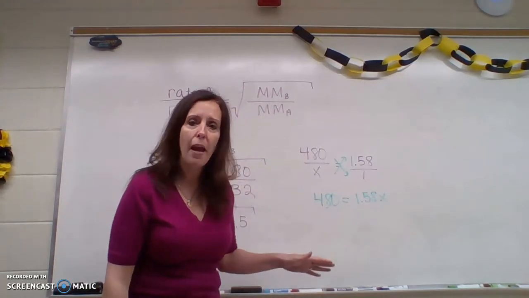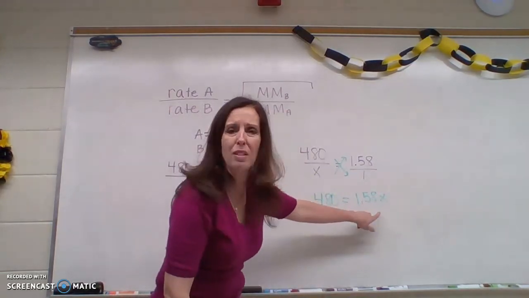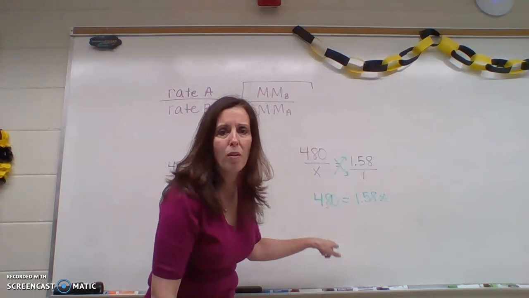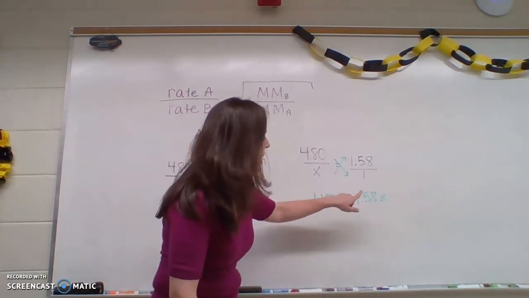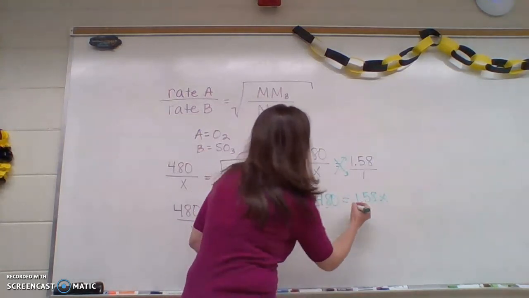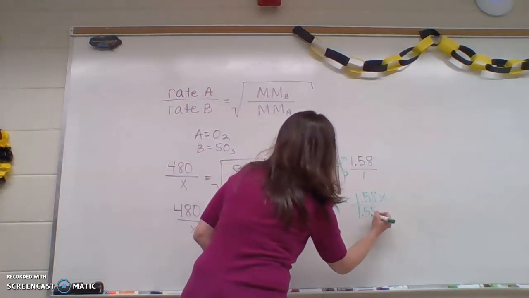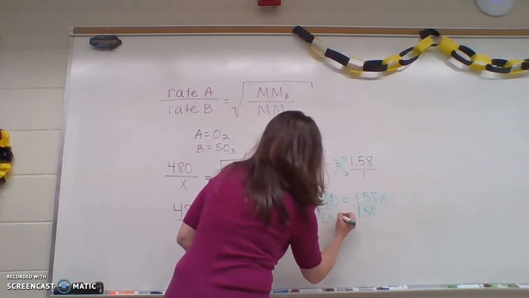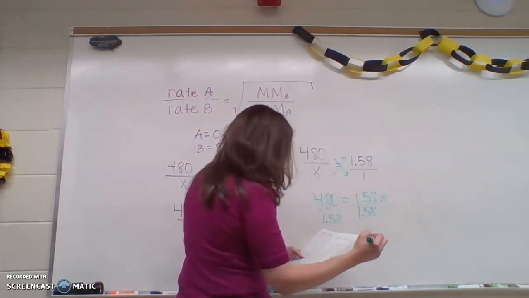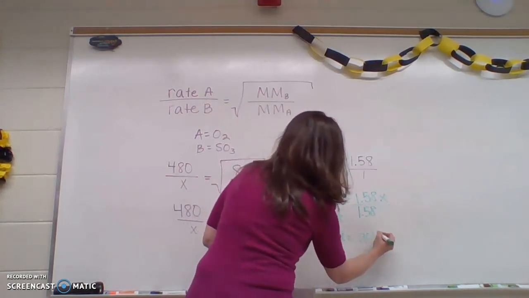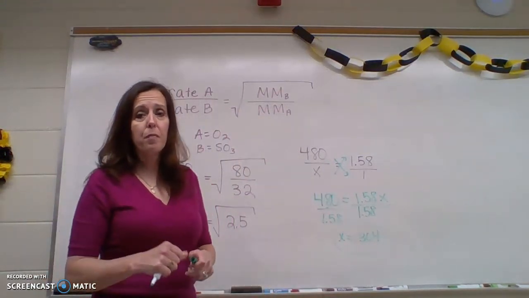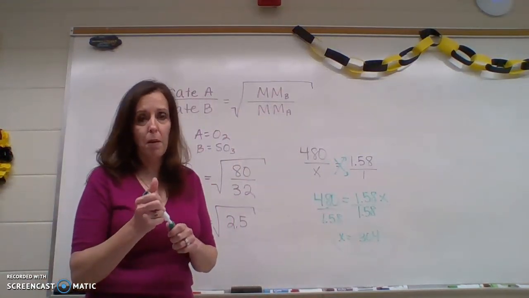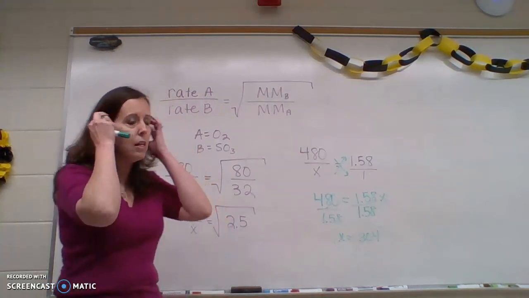And remember from math class, whatever number is by the X goes on the bottom. That's what you divide by, right? So 480 divided by 1.58 equals 304, and I'm done.